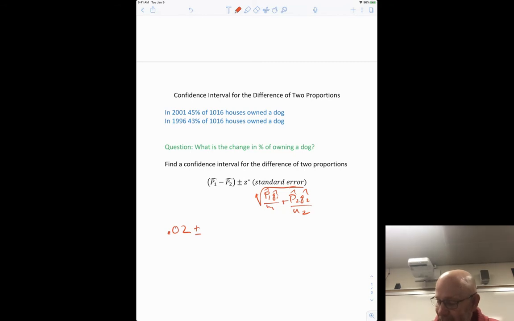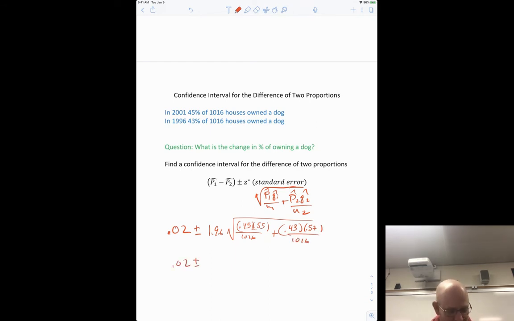No one's saying which way to subtract it. Plus or minus. We'll do 95%. I didn't write it in there. The same deal goes for the Z's, whatever confidence level you're using. So I'm going to go 1.96 times the square root of 0.45 times 0.55 over 1,016 plus, that's the first population, 0.43 times 0.57 over the second population.